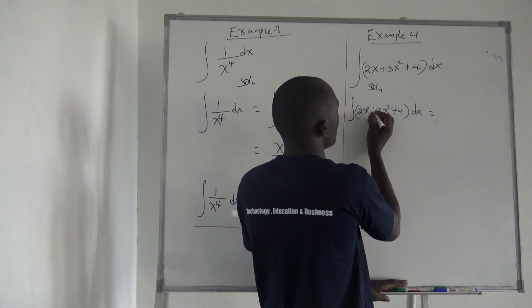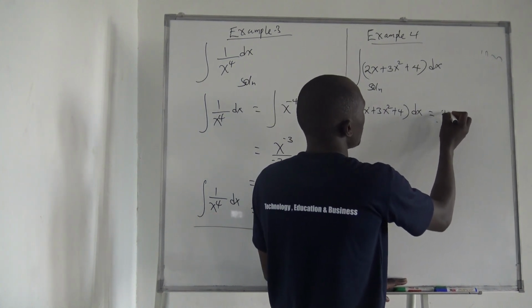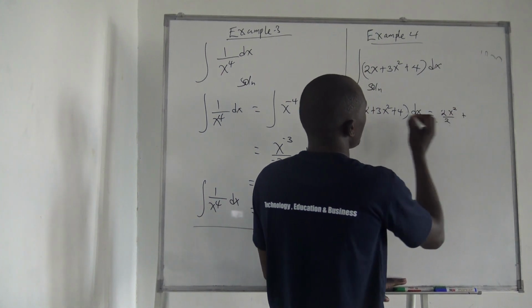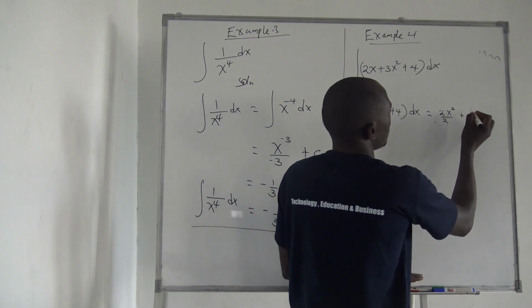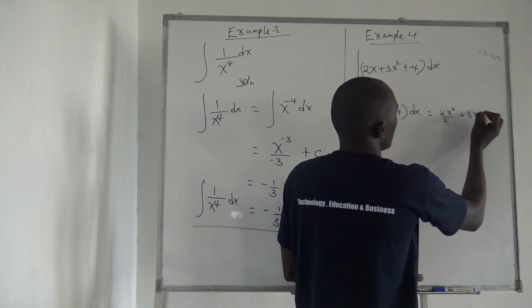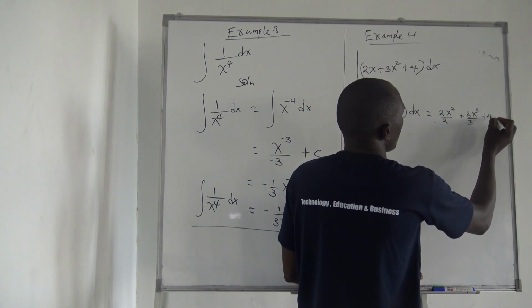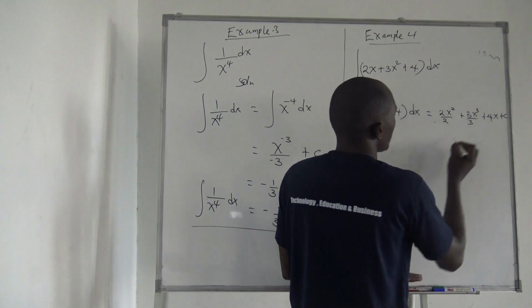When you integrate this, you add 1, this becomes 2x squared out of 2 plus, what about 3x squared? We are only dealing with x. This becomes 3x power 3 out of 3 plus 4. When you integrate a constant, you get 4x plus a constant.